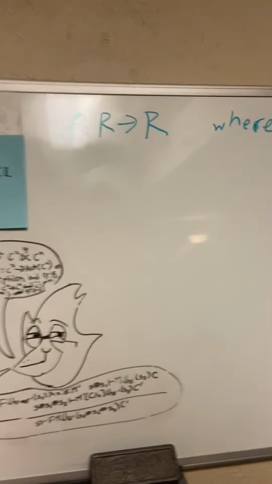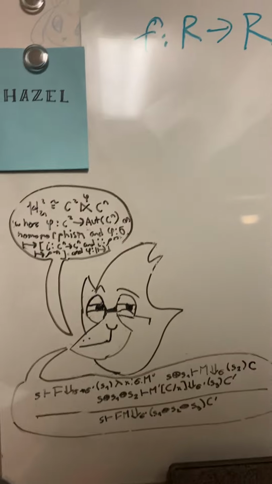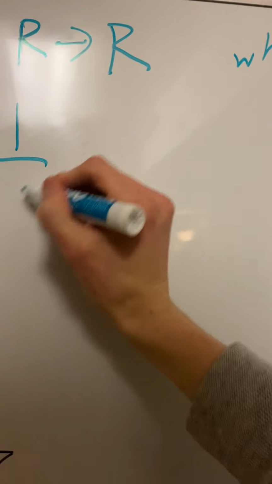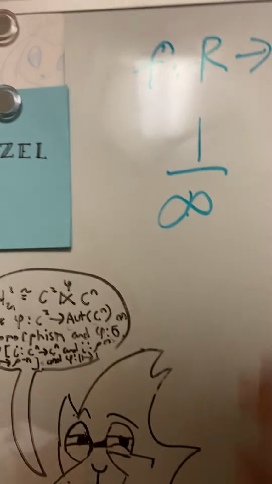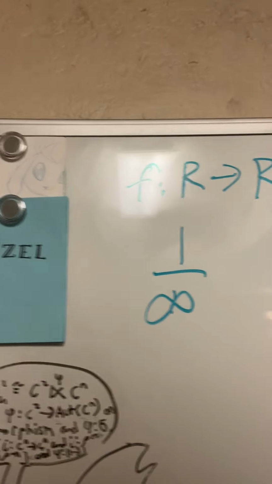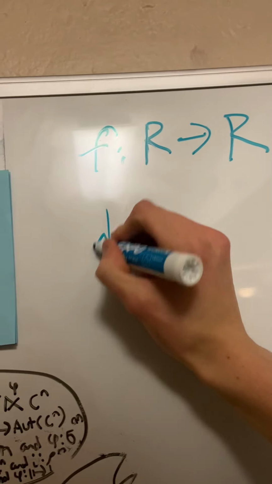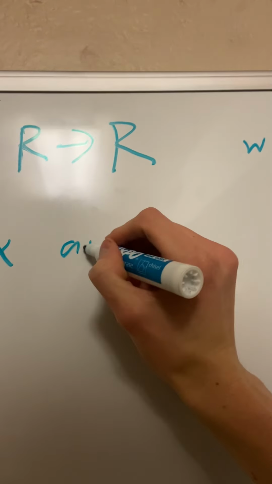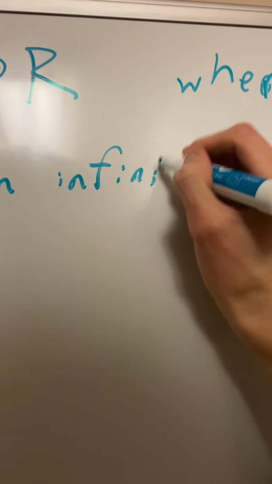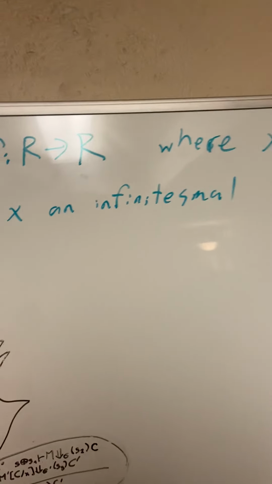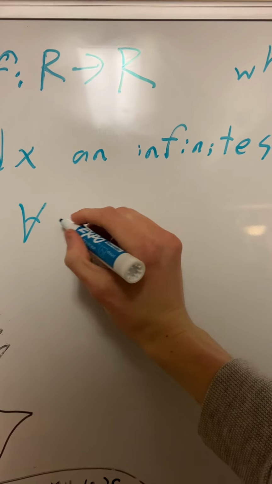And the way Leibniz and Newton both did it was they used infinitesimal notation, where you can think of an infinitesimal as 1 over infinity, essentially. I forget the standard notation, so I'll just call it dx. dx is called an infinitesimal.